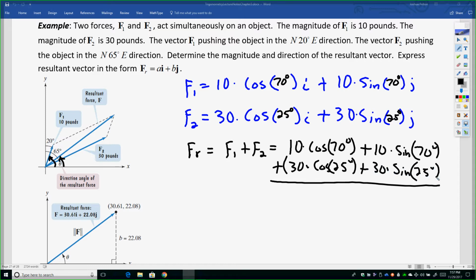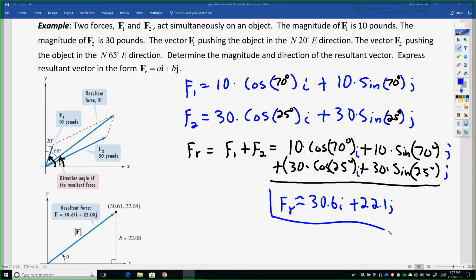So use your calculator. We forgot our i's and j's here. I, j, j. For a final resultant vector of FR is approximately 30.6 i plus 22.1 j.